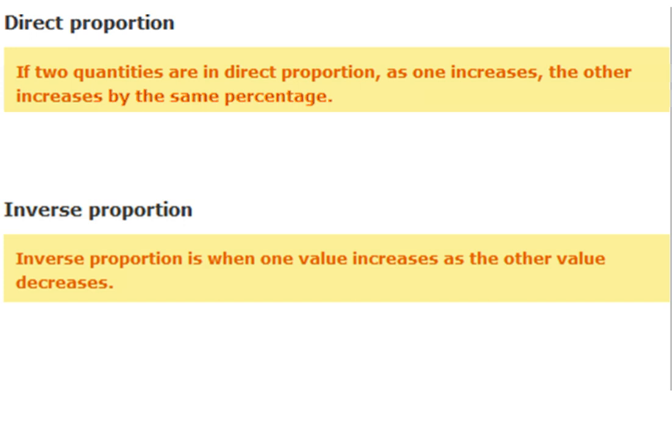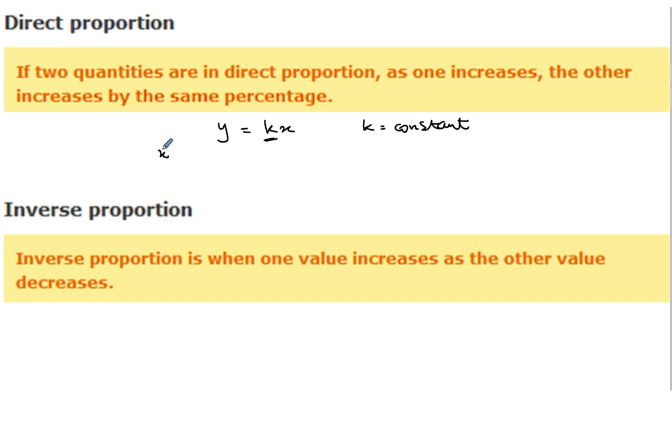If two quantities are in direct proportion, as one increases, the other increases by the same percentage. So if it's in direct proportion, we normally write y equals kx, where k is the constant. It never changes. Let's try this simple example.